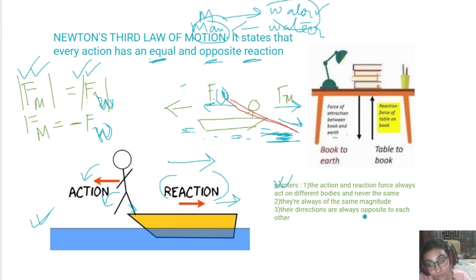Their directions are always opposite to each other, obviously. Action and reaction force are never in the same direction. Here, that's why you give the minus sign. Why? Because it is a vector, and to understand the direction of anything, we always use the minus or plus sign, right? Like when we throw something, it is against the gravity, so we give minus g. I'm pretty sure you've seen our videos on motion in one direction, and if you've not, please go and watch it, they're really nice. From there you get an idea of the sign conventions, like when do we give minus, why do we give minus.